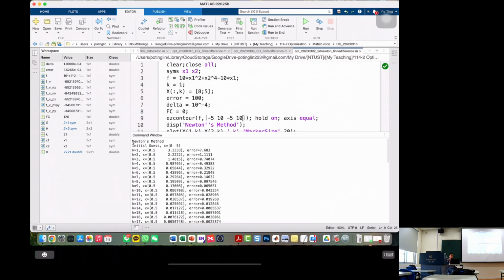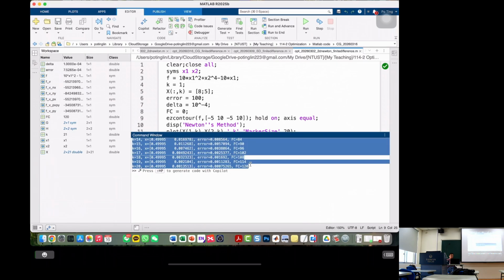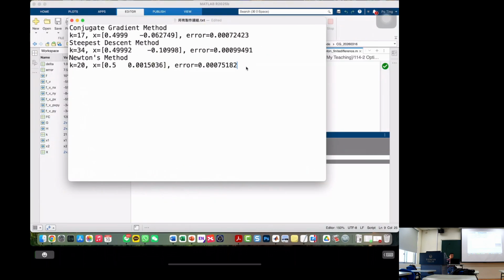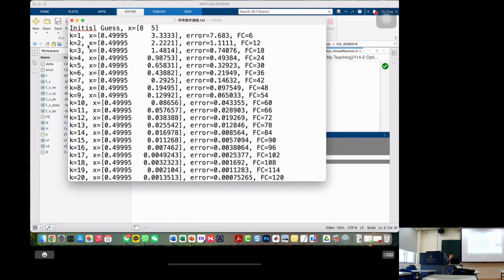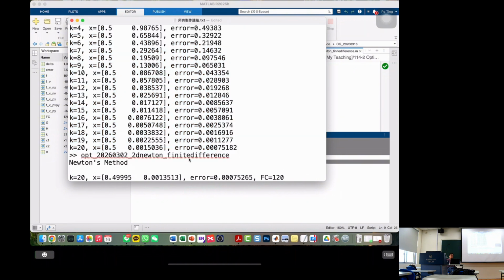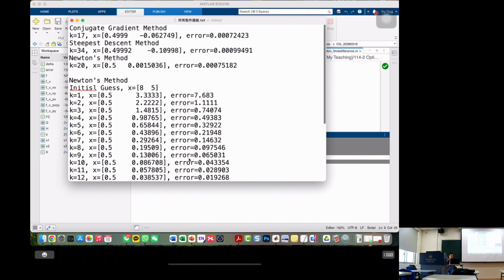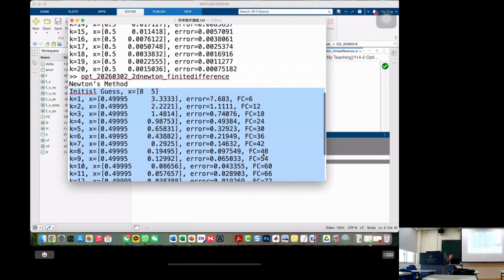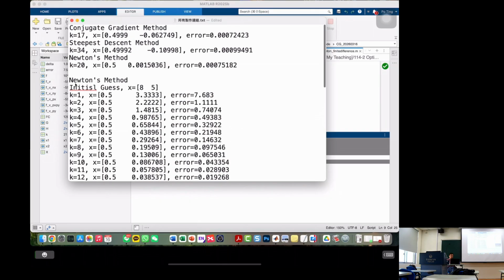So Newton's method. This is with, oh, yeah, I should erase these.